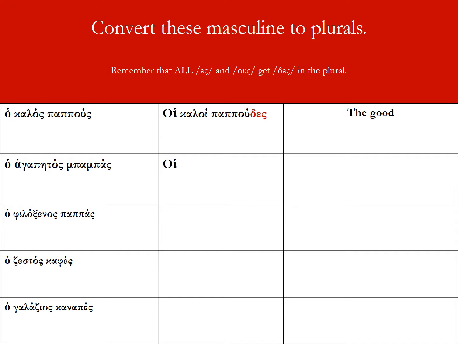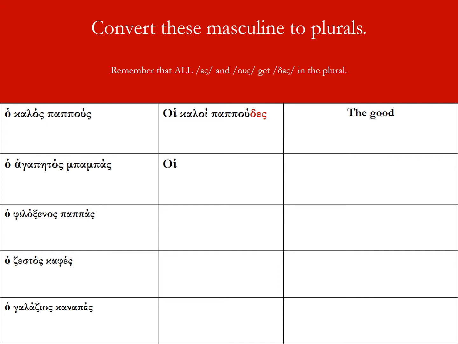Some of the other endings that we have in the masculine, like es and us, will get this ending. So cafes is actually the word for coffee. Many people say cafe. Cafe is the brown color or the color of coffee. So o kafes becomes i kafedes.